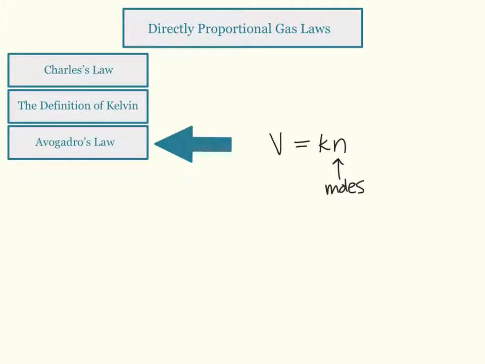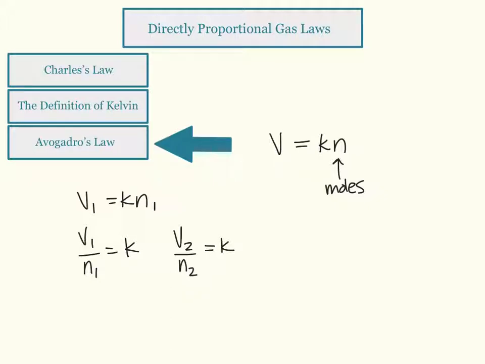We can use the same mathematical reasoning to derive a useful equation for predicting volumes and mole amounts at constant pressure and temperature. Consider V1 equals K times n1. You could divide both sides by N and then get V1 over N1 equals K. This would also hold true for a second volume and mole amount, provided that these are both existing at the same pressure and temperature.